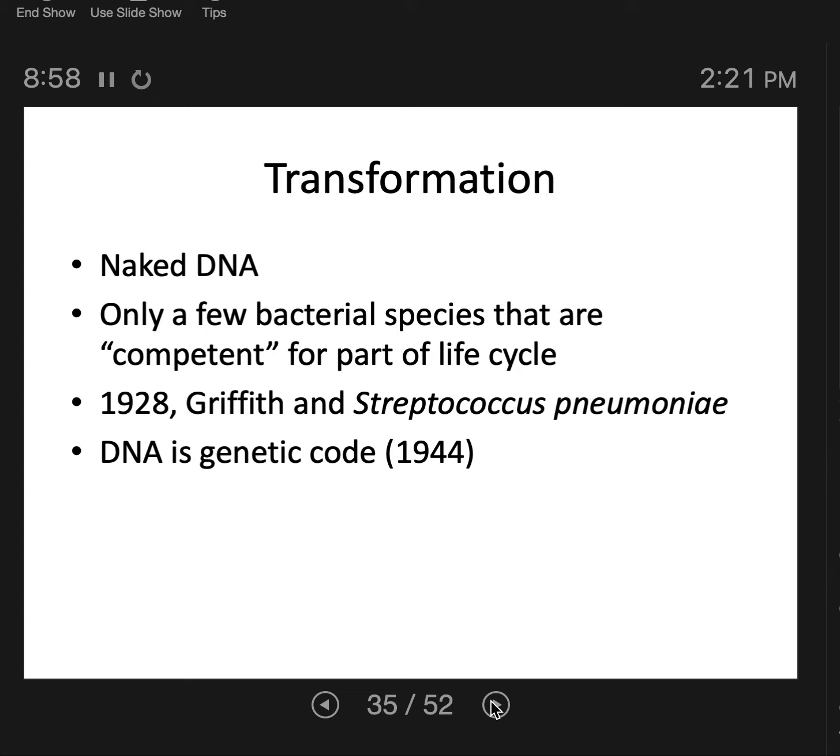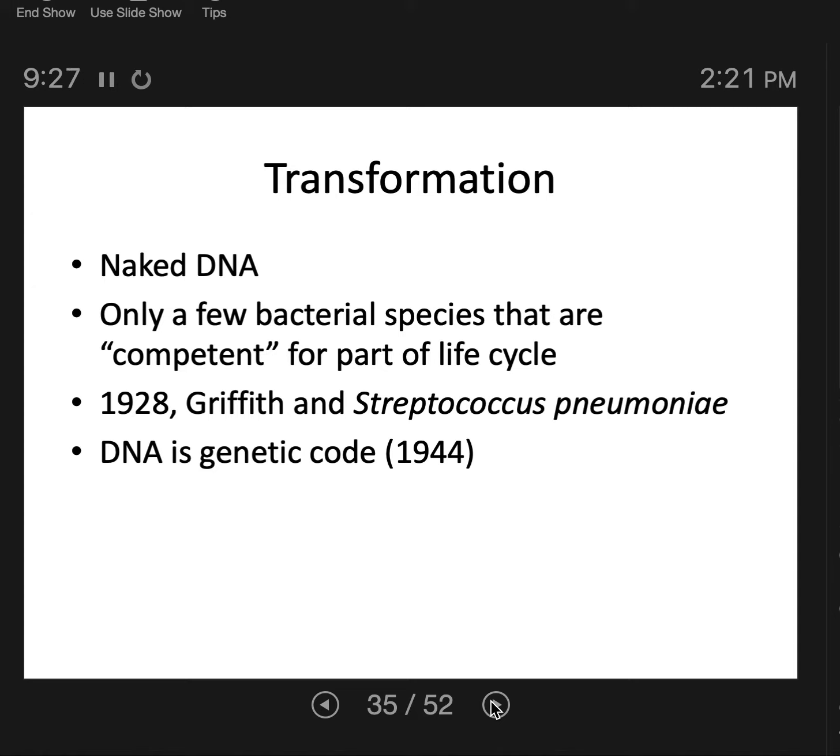What it turns out is it's the second. So if you mix the live harmless mutants of Streptococcus pneumoniae with dead harmful strains, the dead harmful ones are decomposing, their DNA is being exposed, and the living harmless ones absorb their DNA, incorporate their genes, their virulence genes, into their genome, and they therefore make themselves harmful.